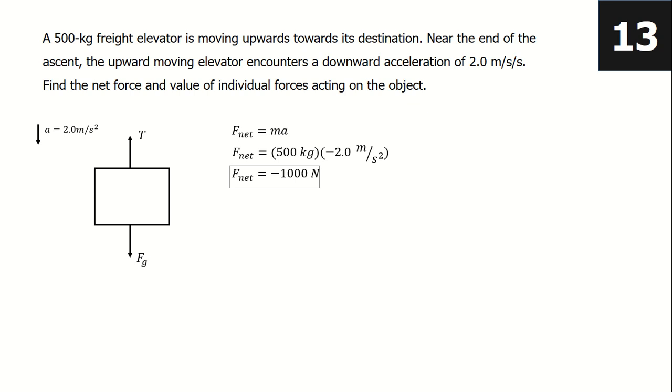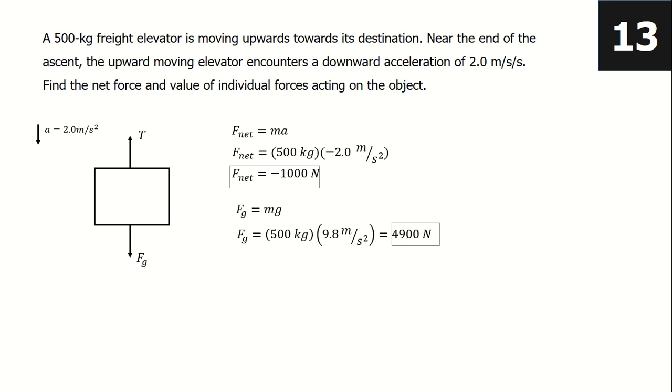That's my net force. Since I have my net force, I can compute the value of the individual forces. For the weight, just the formula again, my mass times the acceleration due to gravity, 500 times 9.8 will be 4,900 newtons.